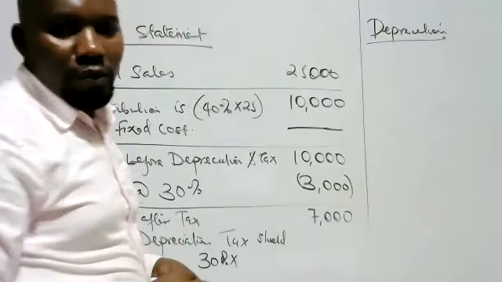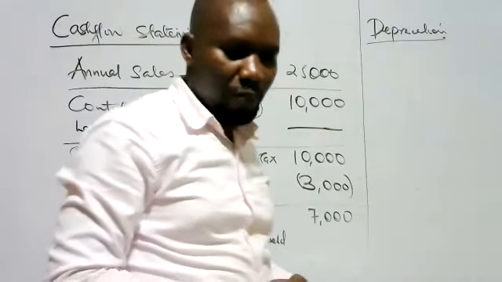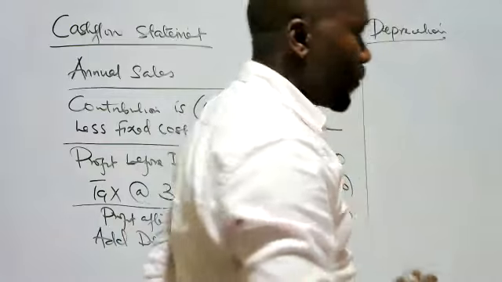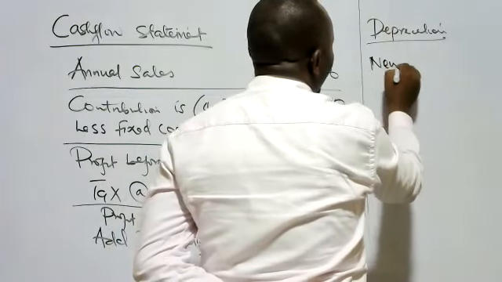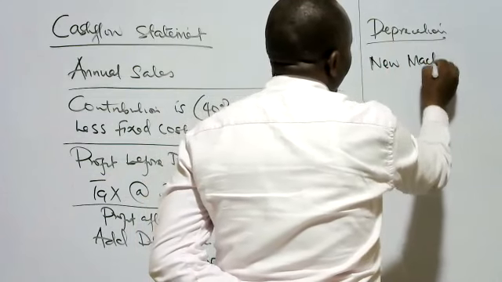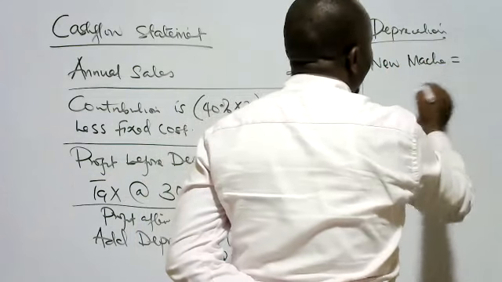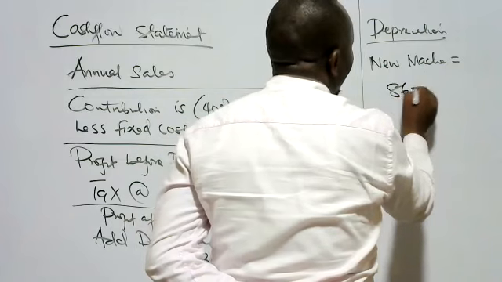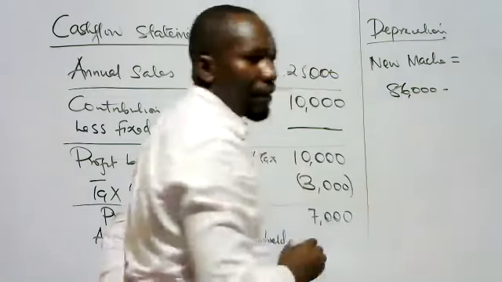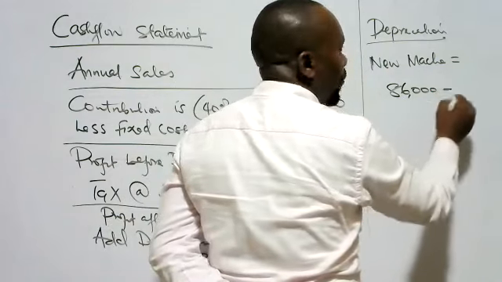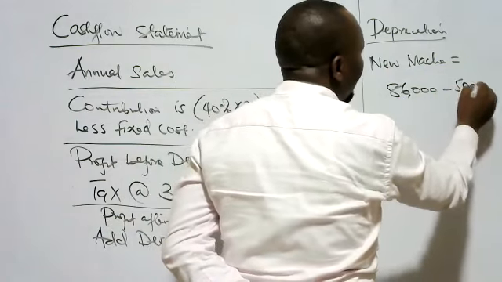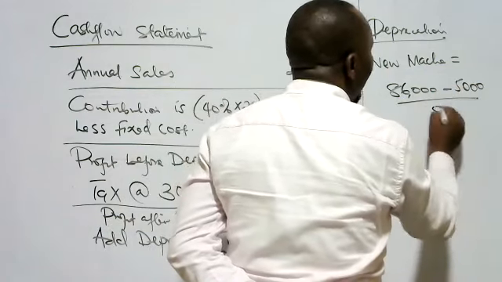What is the depreciation that we have? How many years were we supposed to have the new machine? Depreciation is 86,000 less the terminal value, which is 5,000. Divide this by 5.